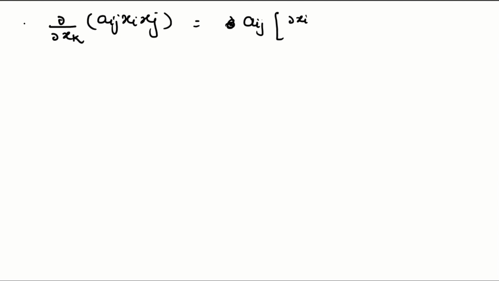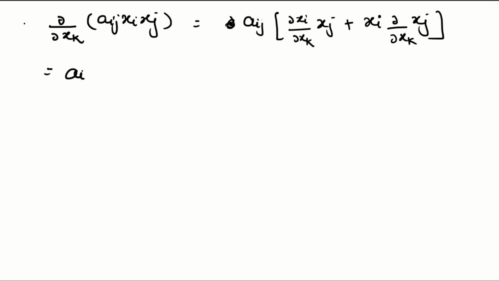So del x_i by del x_k and x_j as it is, plus keep the first one as it is and take the derivative of the second variable. So here we have a_ij, del x_i by del x_k, the derivative of x_i with respect to x_k. When this i matches with k, then the value will be 1. That means the derivative of x_k with respect to x_k will be 1.